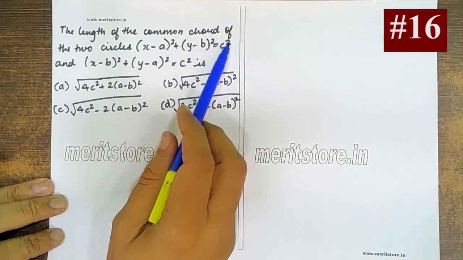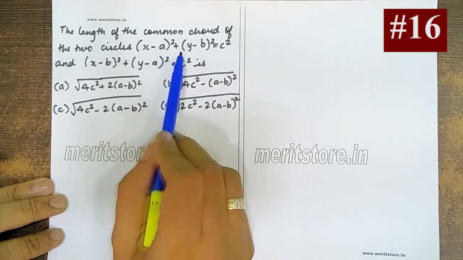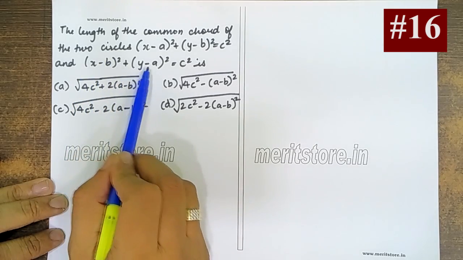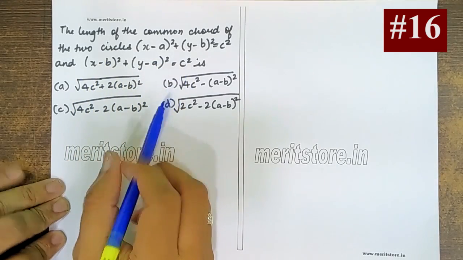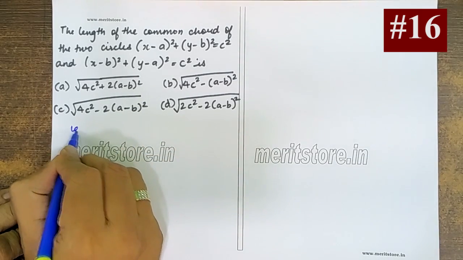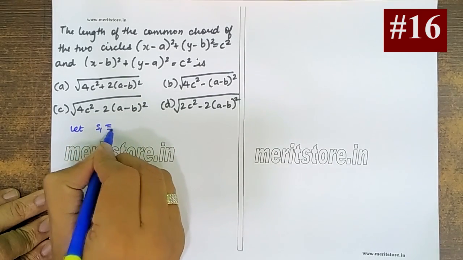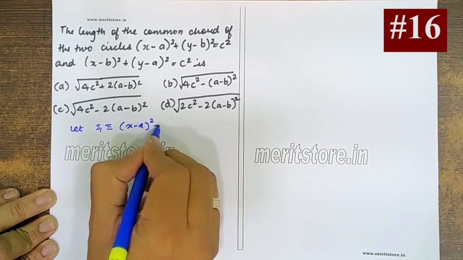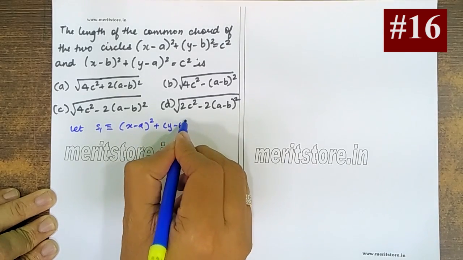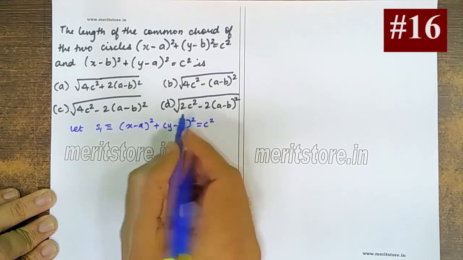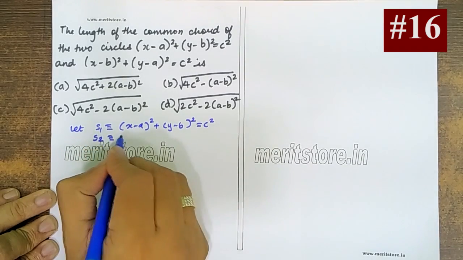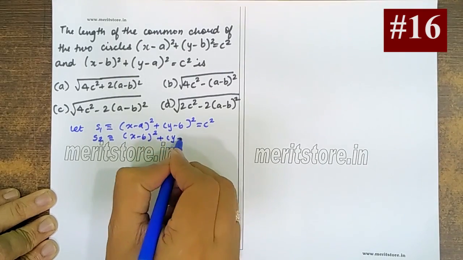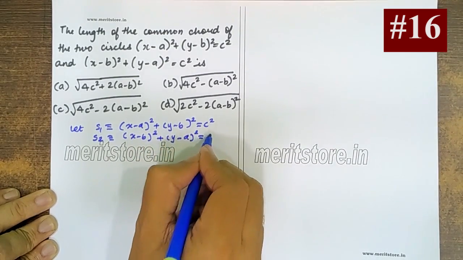The length of common chord of two circles (x minus a) the whole square plus (y minus b) the whole square equal to c square and (x minus b) the whole square plus (y minus a) the whole square equal to c square is. First of all, let S1 denote the equation of the first circle, that is (x minus a)^2 plus (y minus b)^2 is equal to c square, and S2 is (x minus b)^2 plus (y minus a)^2 is equal to c square.